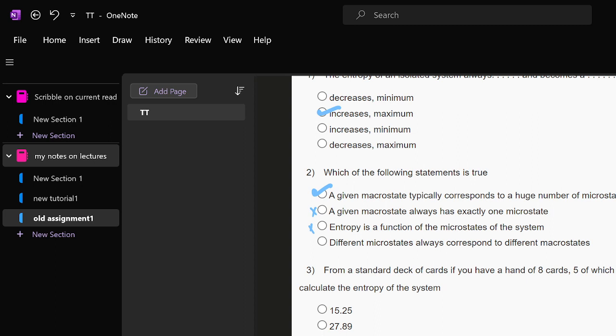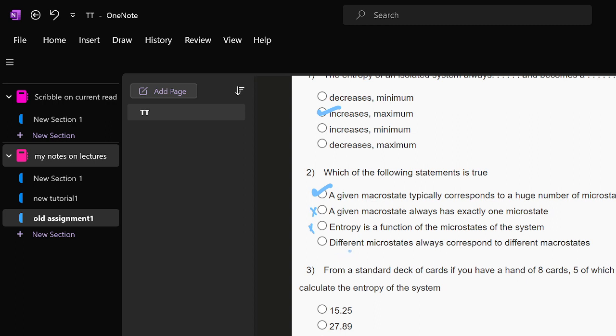So let me write this: entropy is a function of macrostates, not microstates. But entropy involves the count of possible microstates, which is omega in its formula.